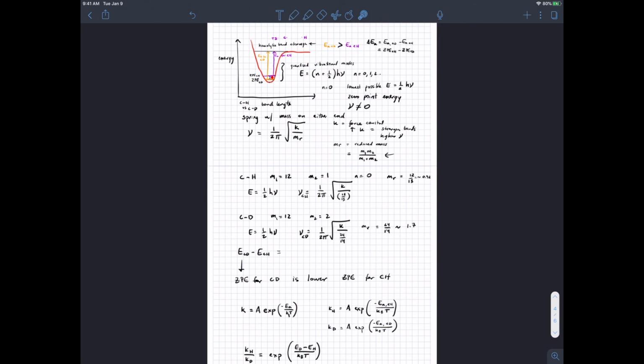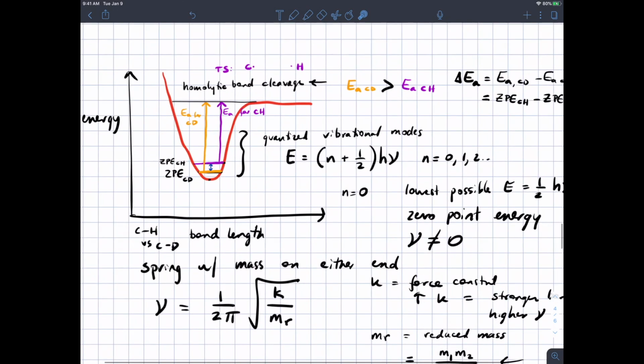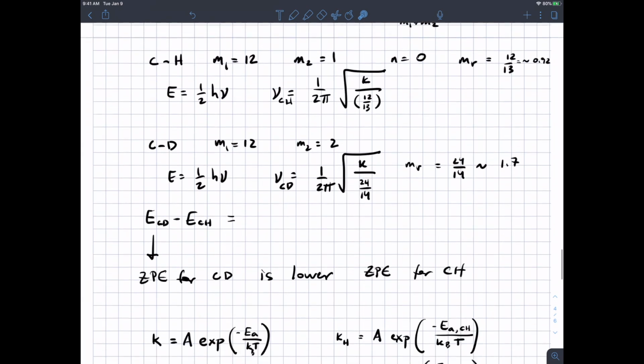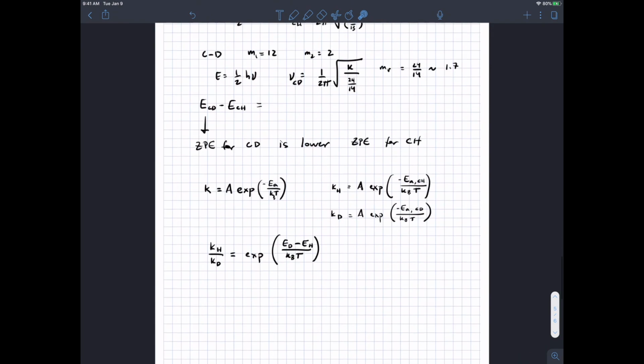Okay, and if you run the numbers based on this assumption that you're going to go from the bottom of a potential energy well to a transition state that's all the way up here at the top, and if you make some assumptions about what the basic bond vibration is for a carbon-hydrogen bond, you would see that the number comes out to be about 7.